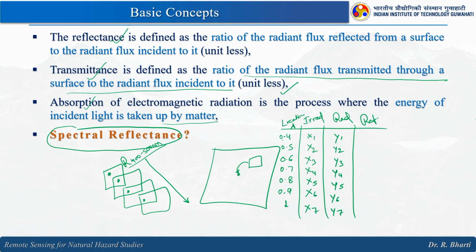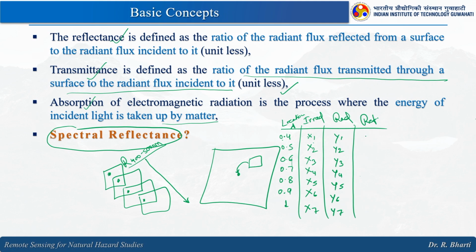Here we can write the reflectance. So, considering this is one tabular data that is being generated by the spectroradiometer. So, for this particular point, the instrument has generated irradiance and radiance information for different wavelength region, right.